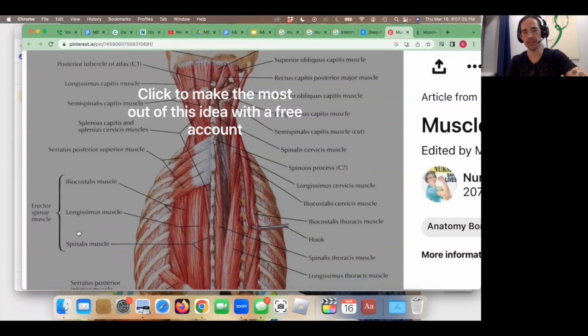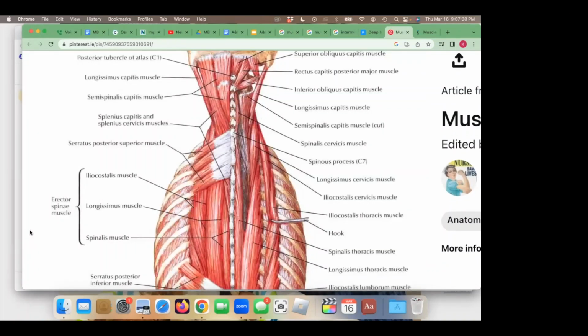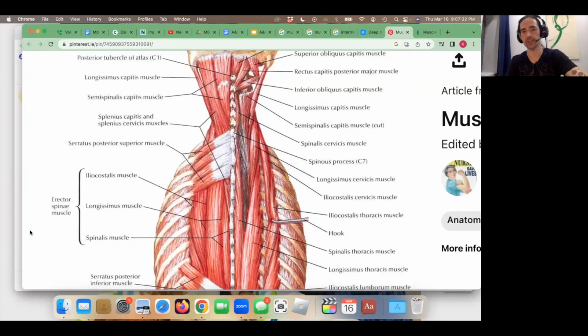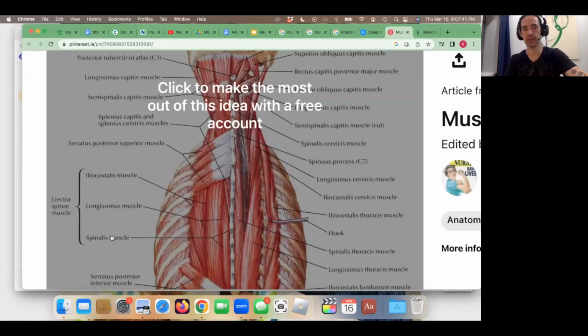The middle or the deep? Is that the intermediate or the deep? The intermediate. That's right. Iliocostalis, longissimus, and spinalis. That's the ESG, erector spinae group.